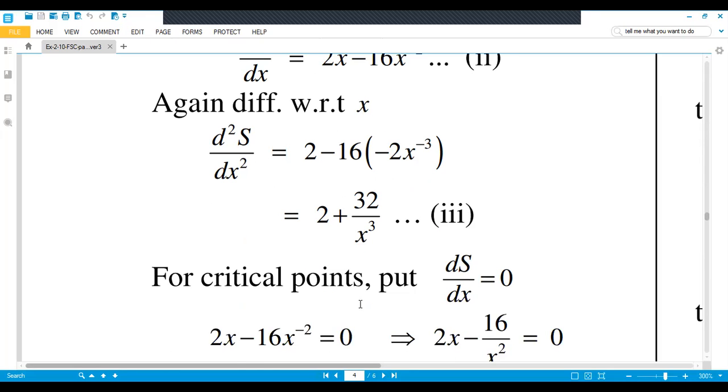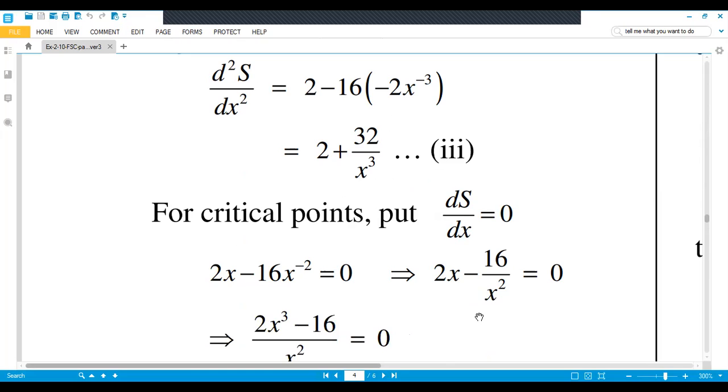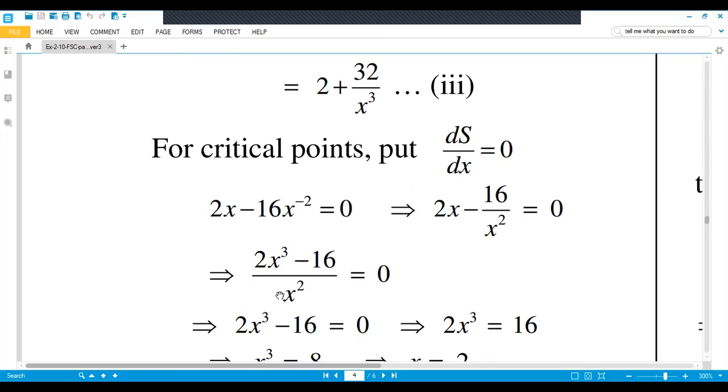For the critical point you put the first derivative equal to 0. So 2x minus 16 x power minus 2 is equal to 0, just like you did in the previous question. Take the LCM. Here in the denominator there is nothing, so 1 divided by x square, multiply with the numerator: 2x cube minus 16 divided by x square, shifted to the other side, multiply with 0, we get 0, so 2x cube minus 16 equal to 0.